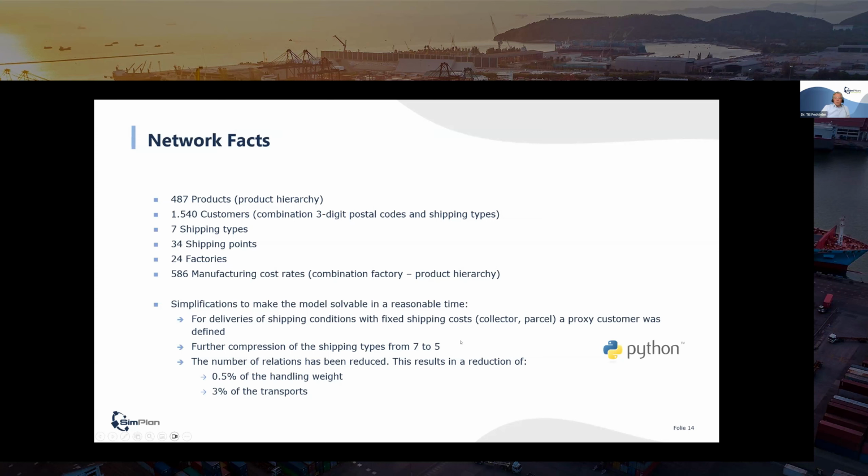And we also reduced the number of relations within the model, which led to a reduction of 0.5% in case of handling weight and 3% in case of transport. So making the model less complex to ensure that we have reasonable times for solving.